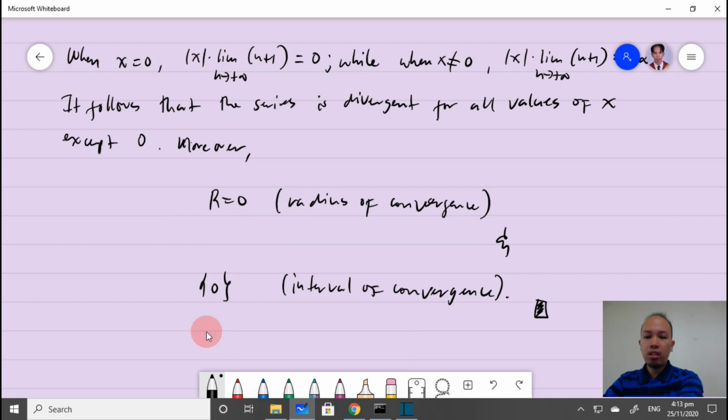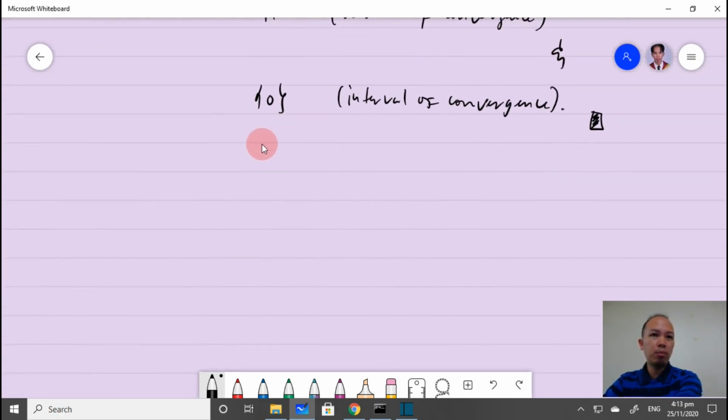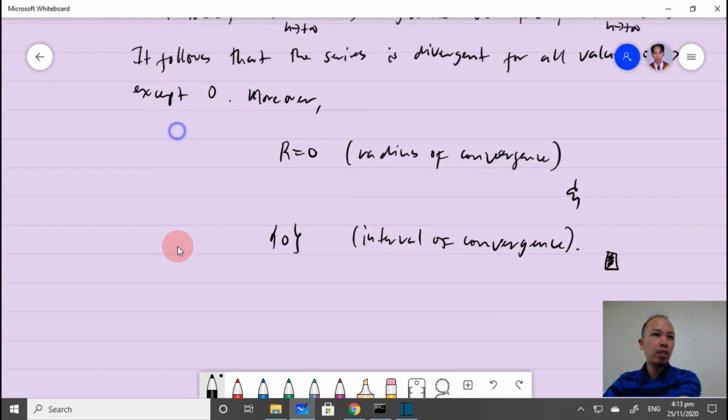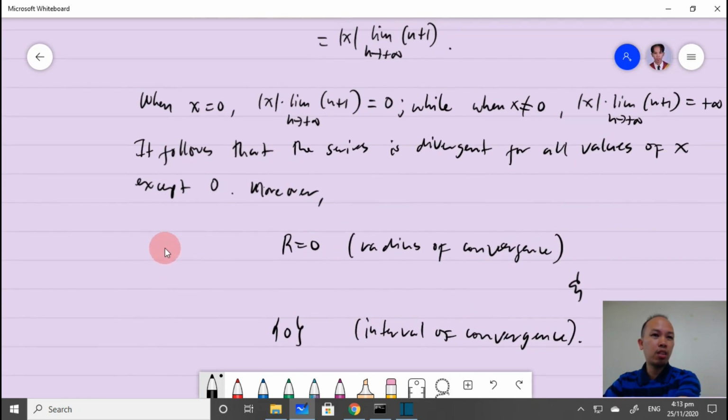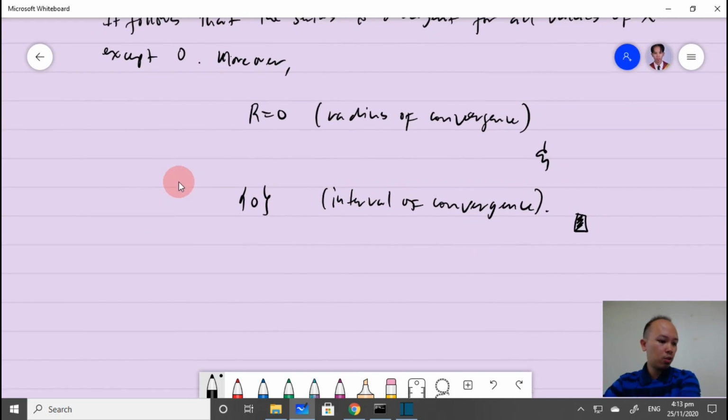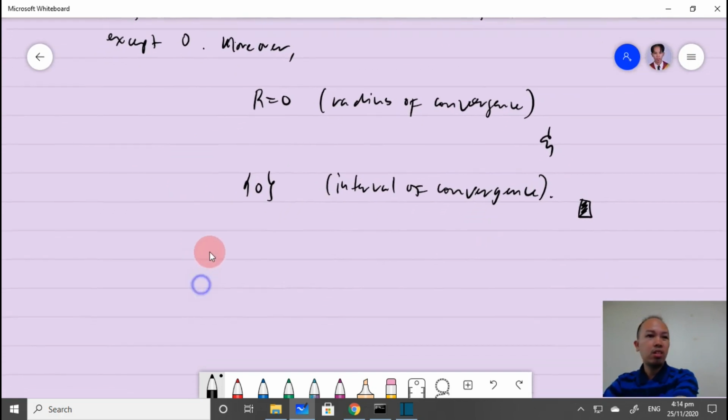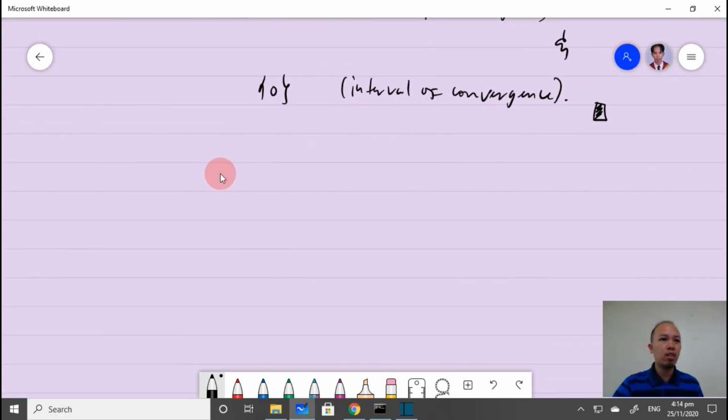By the way, this example illustrates the theorem for case 1. Okay, let's try case 2. Let's have some example here. Example number 2.